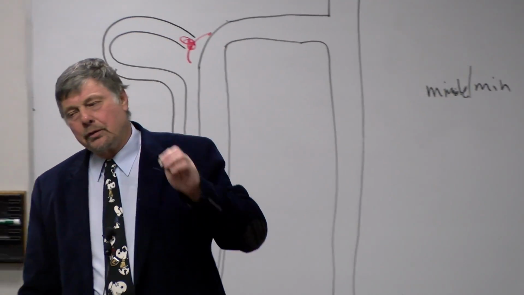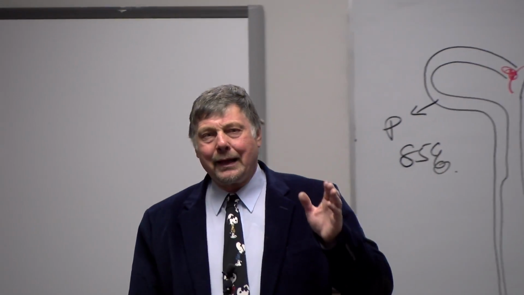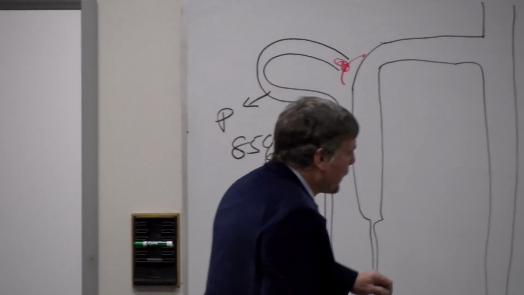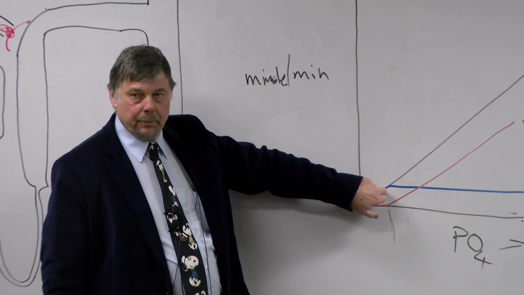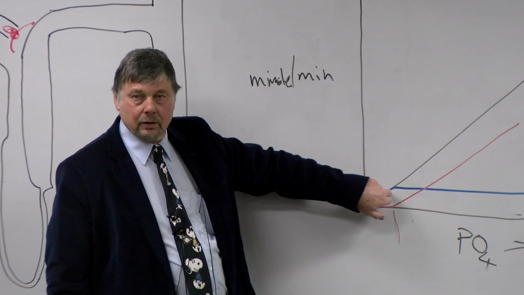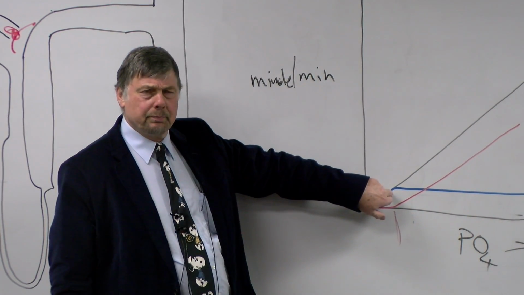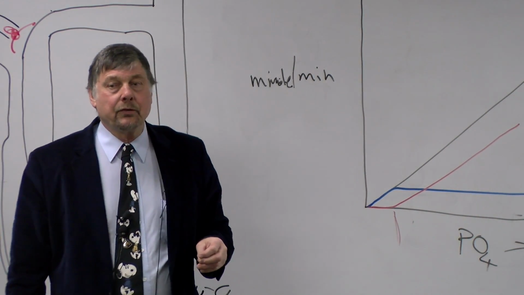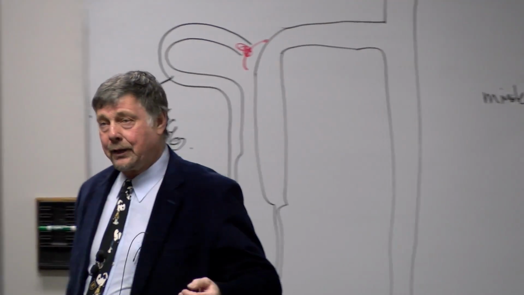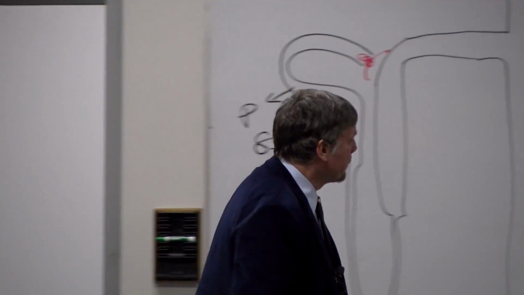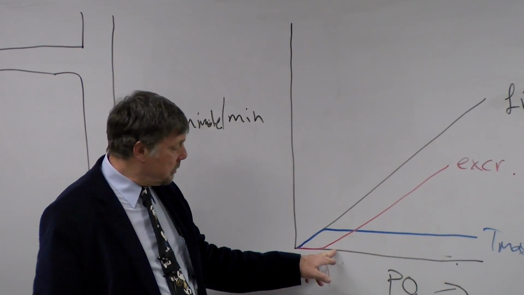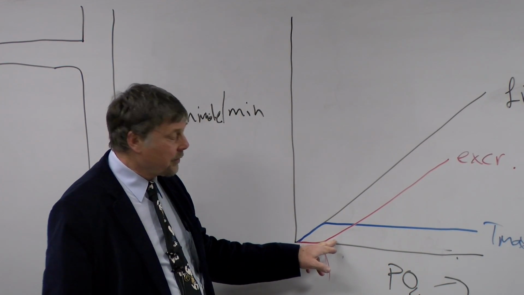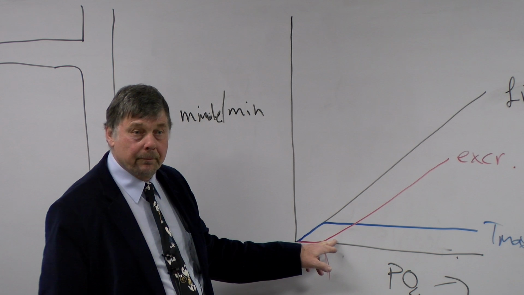If you're on a low phosphate diet and the plasma phosphate drops, you'll be on this part of the curve and you can reabsorb just about 100% of the phosphate, which is good because you're deficient. If you've got too much phosphate on board, the plasma phosphate goes up, you'll come to this part of the curve, and now you see you pass the Tmax and you'll get some spillover, okay?